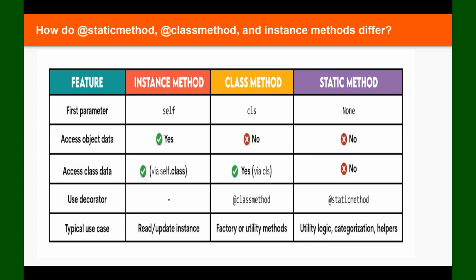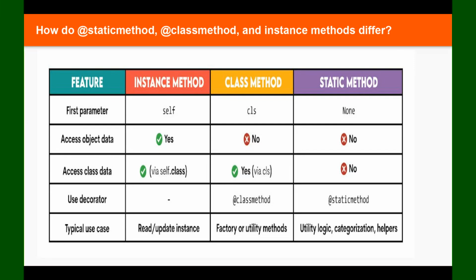How do @staticmethod, @classmethod and instance method differ? The first parameter of an instance method is self, of a class method is cls, and a static method has no such parameter.